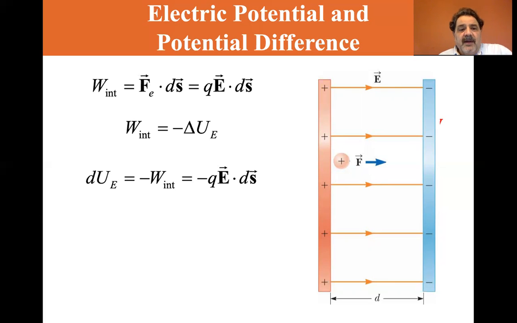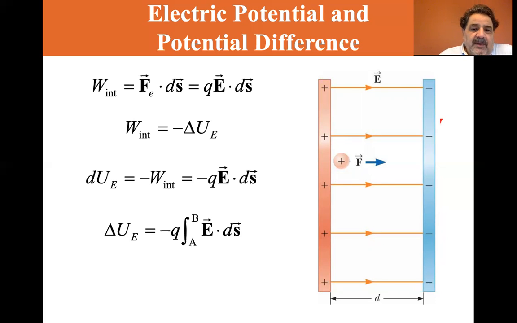So dU is equal to negative internal work, which is equal to minus QE dot ds. So we look at the change in electric potential energy being equal to minus Q times the integral from A to B of E dot ds.